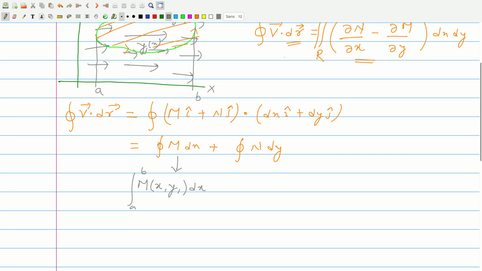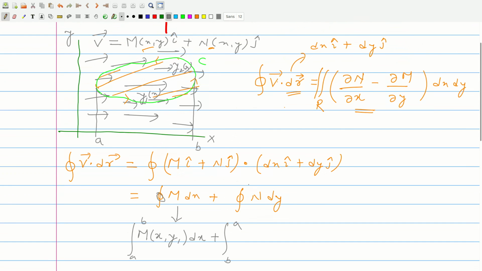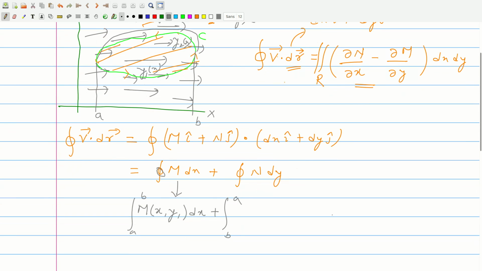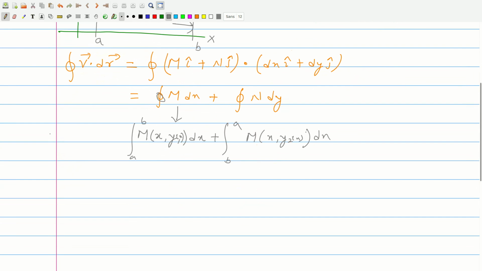We have to take the full circulation, so we have to include the other part, b to a. So b to a corresponds to the upper one, this one. It goes from b to a, and here y2 as a function of x, y1 as a function of x. So what is this value? Let's calculate.